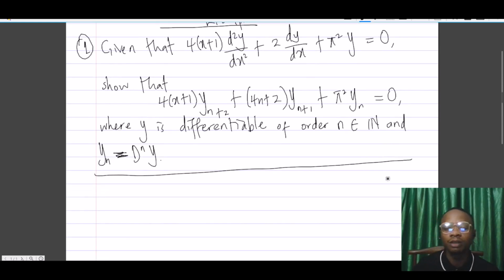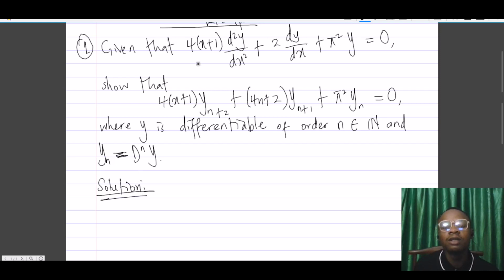So this is the solution. I want to be writing solution now, I don't want to be drawing this line. So we're given this, and we're writing it out again. It is 4(x+1) d²y/dx², that's the second derivative of y.